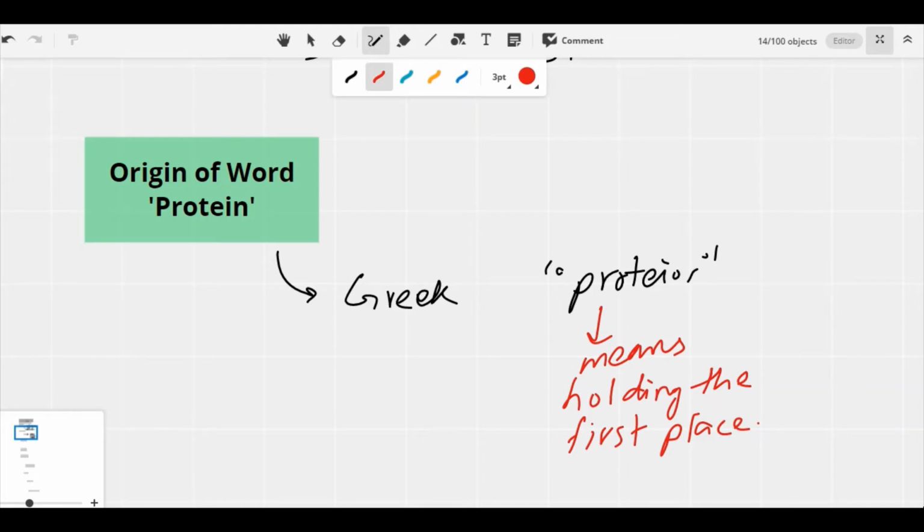Berzelius, the Swedish chemist, suggested the name protein for the group of organic compounds that are utmost important for life.